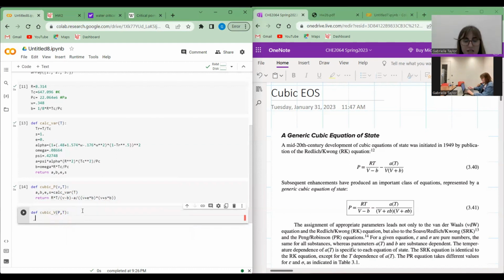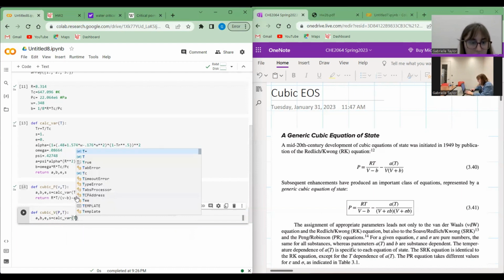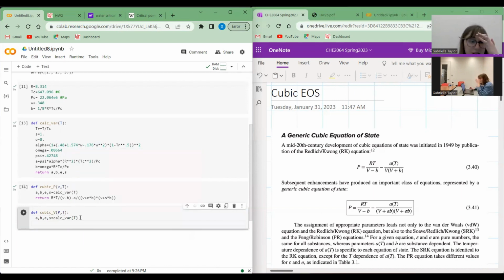What we want to do first is unpack our A, B, epsilon, and sigma variables, and this can be based off of T. Okay, so we calculated our variables now.